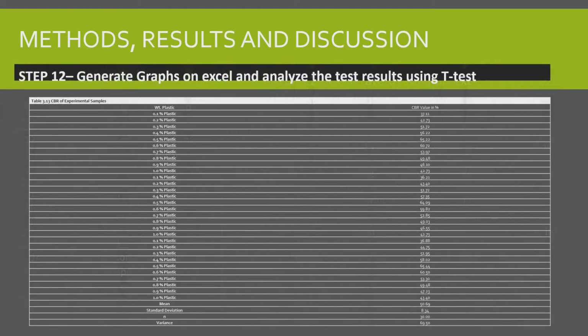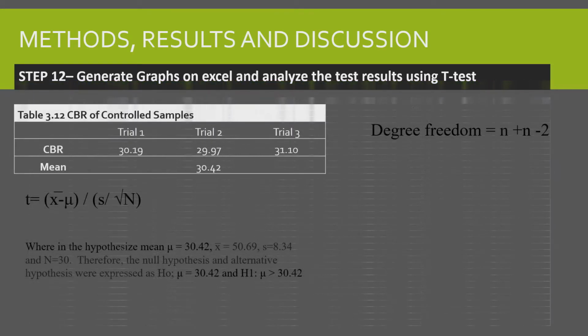First, we get the experimental mean by adding all the CBR values obtained from the soil samples having plastic composition. And based on the computation, the experimental mean is 50.69. For the hypothesized mean, we simply get the average of the CBR values of the controlled sample, and we obtain a hypothesized mean of 30.42.